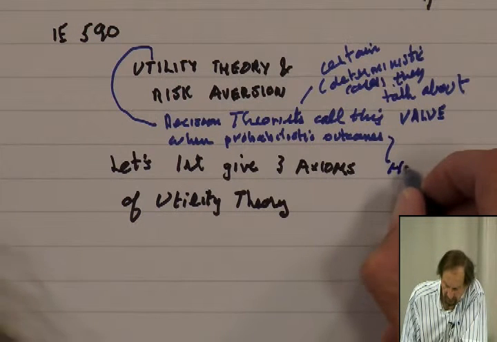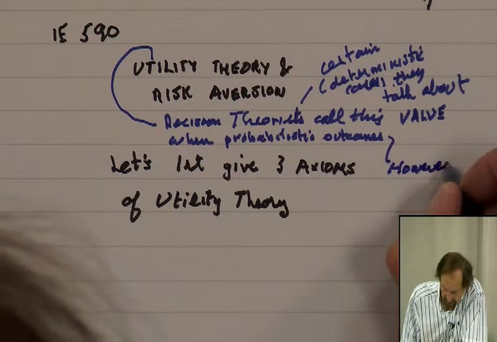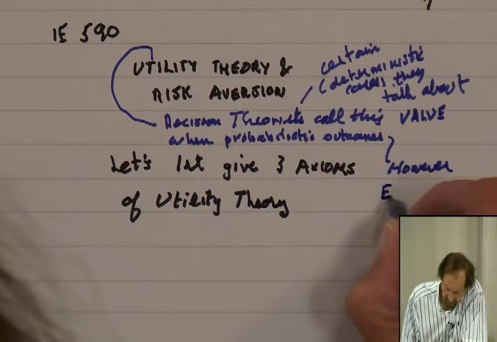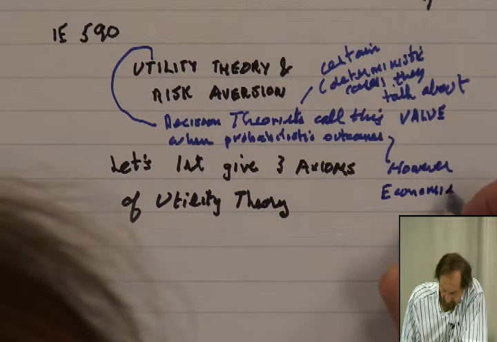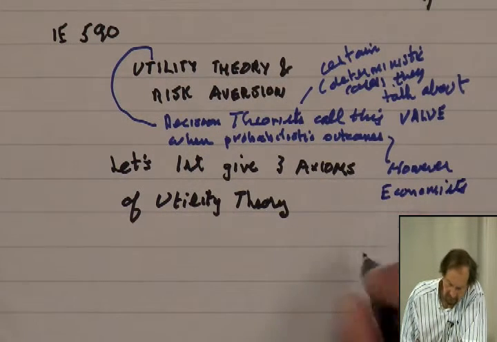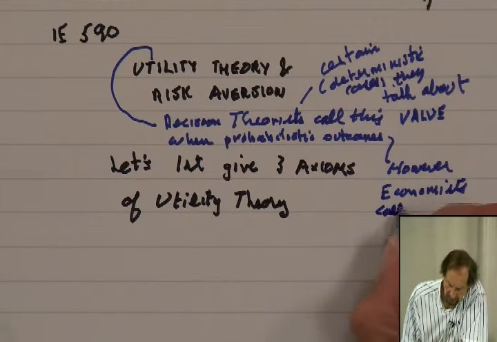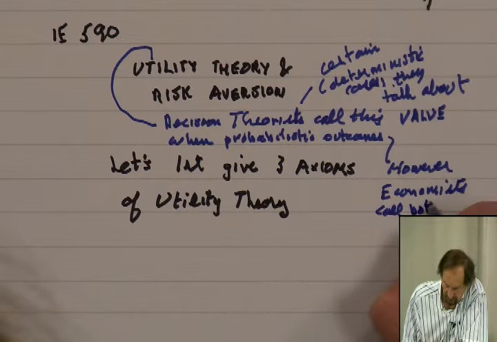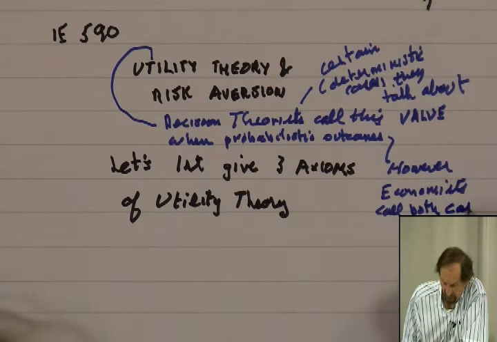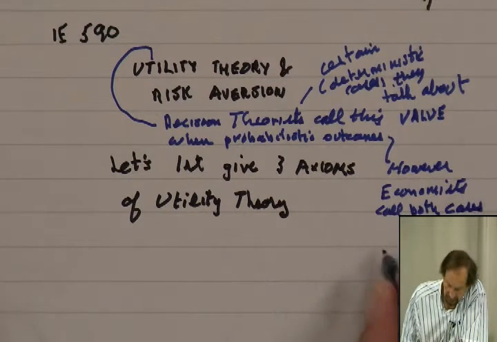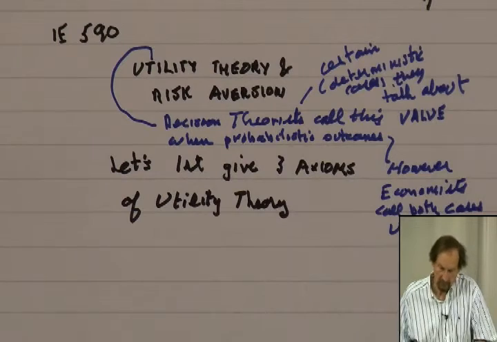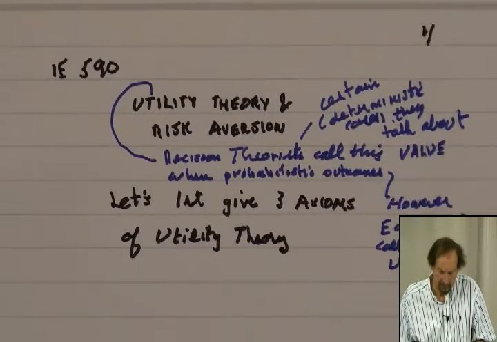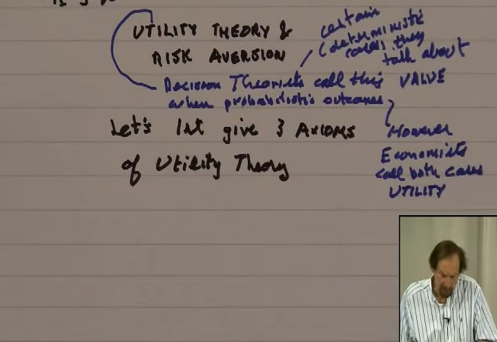However, if you look at the economists, they call both cases utility. Economists call everything utility, whether it's deterministic or probabilistic.